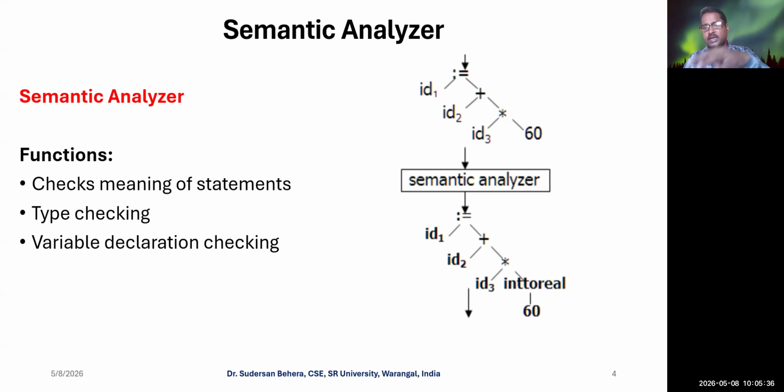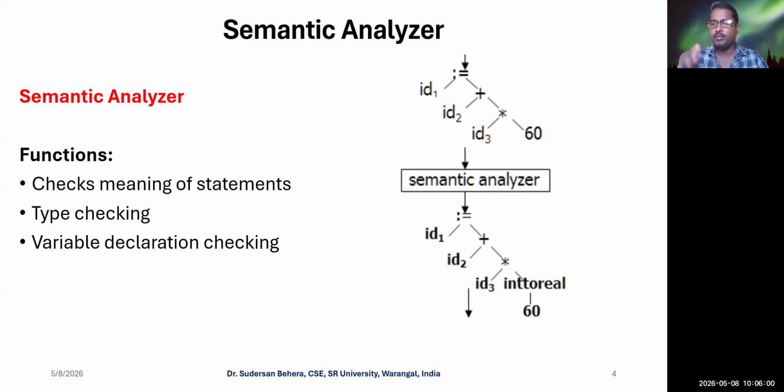Okay, change the type. That is called typecasting. Change the data type. That we need to explicitly mention in the program so that the semantic analyzer can do it. But sometimes, even if we don't specify, the semantic analyzer can do it, but there are some limitations.